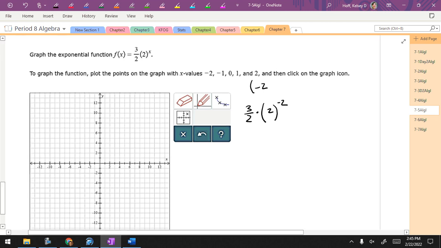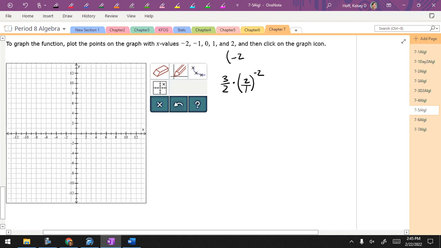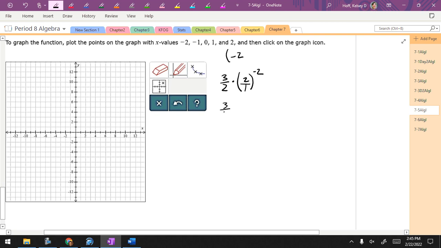Really, this is 2 over 1, right? And because it's a negative exponent, we need to flip what's inside. So this is 3/2 times 1/2 squared. Notice my negative exponent became positive now. 1/2 squared is 1/4.